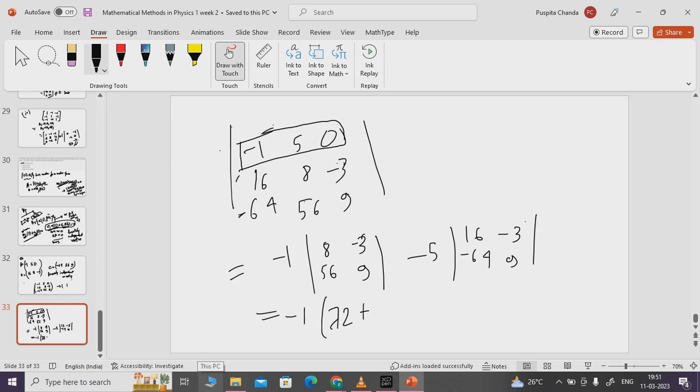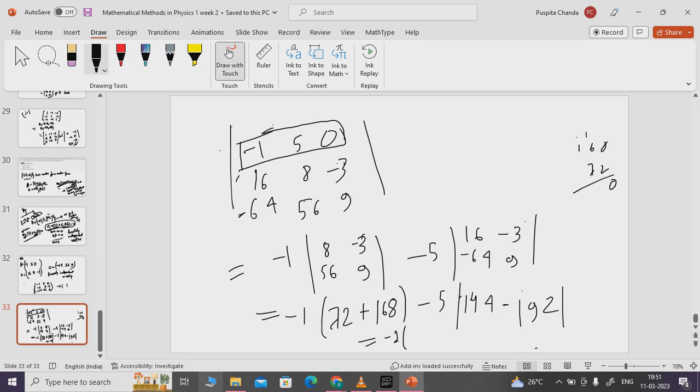So -1 into 72 plus 168, that is 240, minus 5 into 144 minus 192, that is minus 48, so minus 5 into minus 48, which is 240. Minus 240 plus 240 is 0.